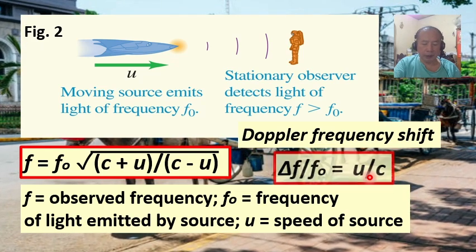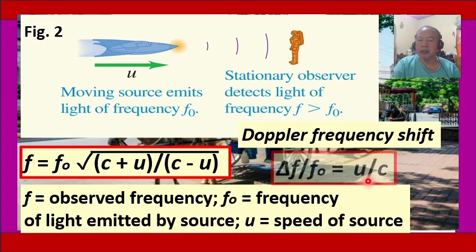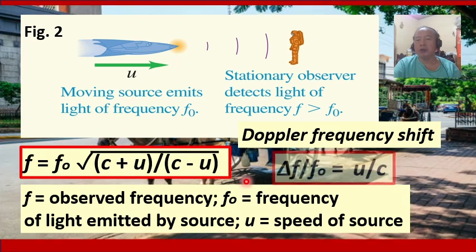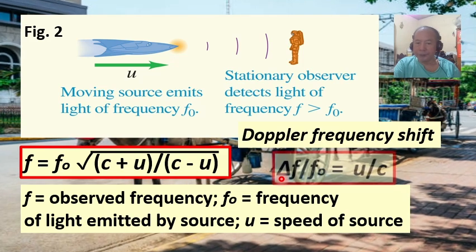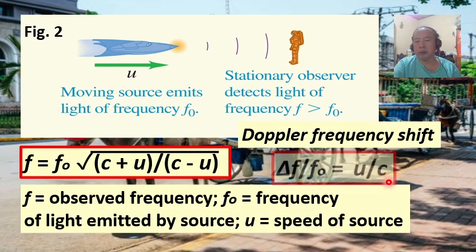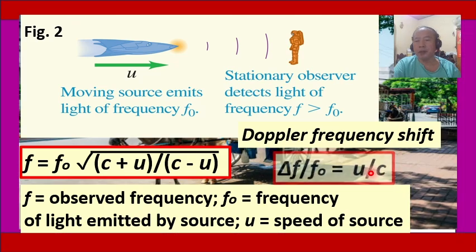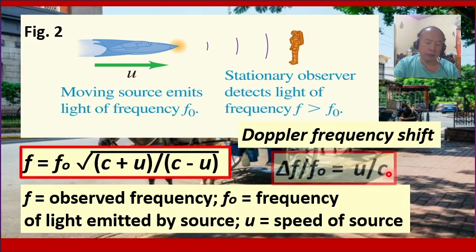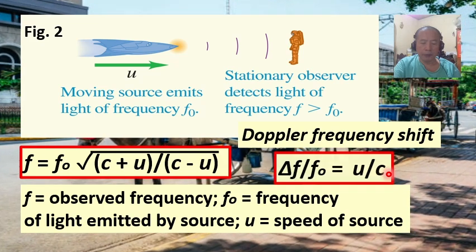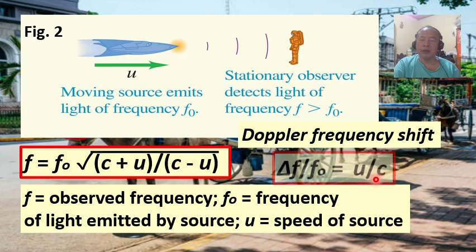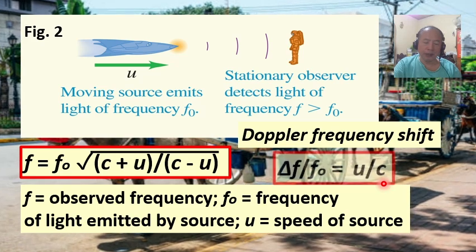This approximation for delta f over f naught being equal to the speed of the source over the speed of light in vacuum is considered valid as long as the ratio u over c is much smaller than 1.